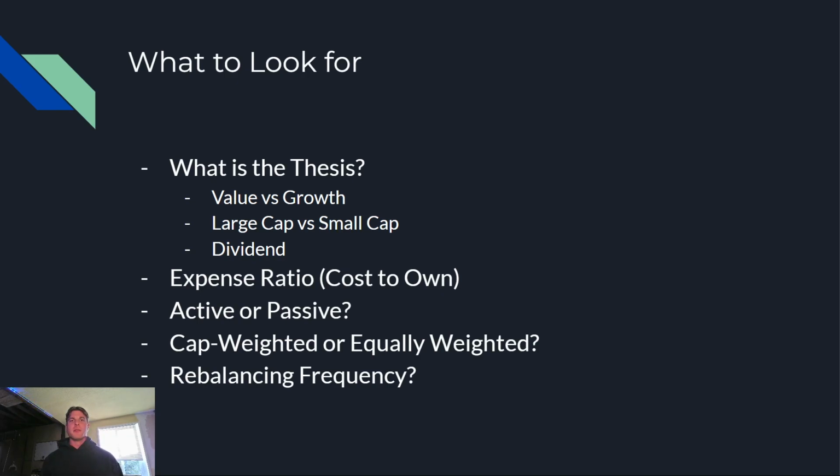Next thing to look for is what's the expense ratio. What the expense ratio means, it's the cost to own the ETF. All these companies have to spend time researching the stocks they put into their ETFs. They have to spend time updating their research. They have to spend time managing how large that position is. So there's going to be a cost to own the ETF. Even if it's something that just matches an index, they still have cost of employing people to run the ETF.